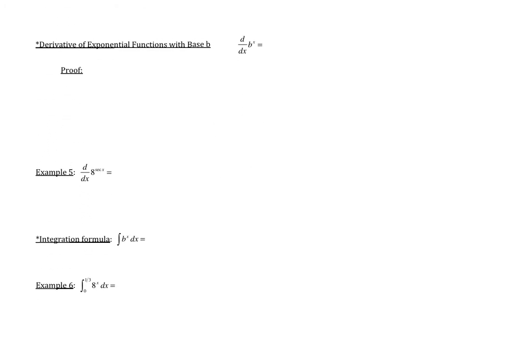Let's talk about the derivative of an exponential function with base b. So let me tell you the formula first before we go ahead and prove it. The derivative of a general base b to the x power is just going to be b to the x times natural log of b.